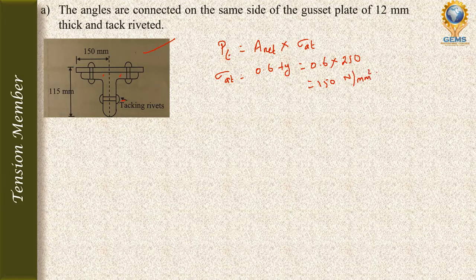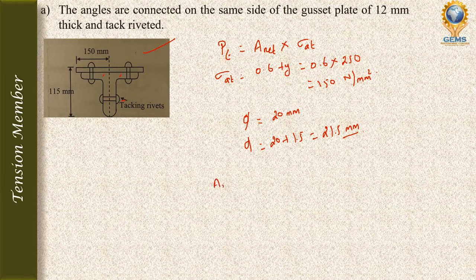To find out the area of the net, we need the diameter of the rivet. So we have the nominal diameter, that is 20 mm. So our d is equal to 20 plus 1.5, that is 21.5 mm. So we know d. Then we can go to find out the area of the net.